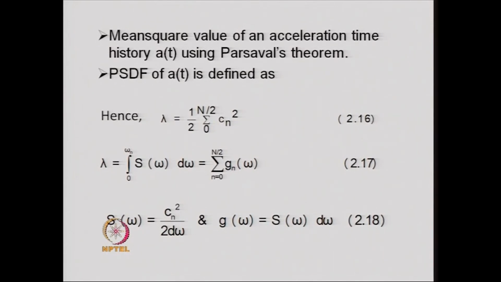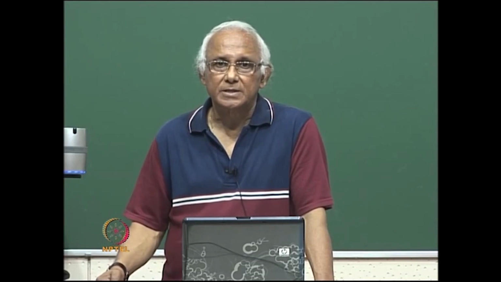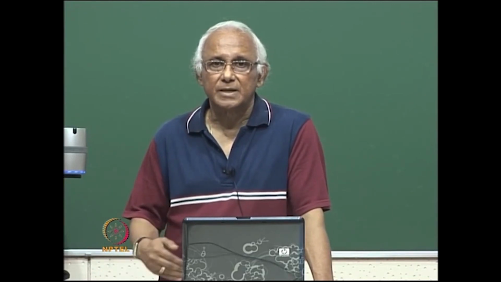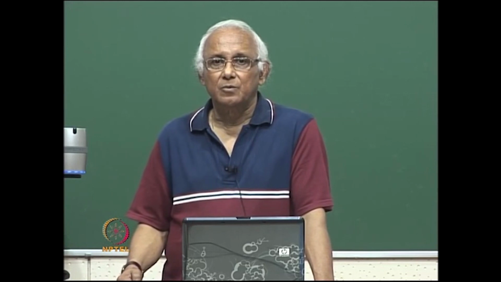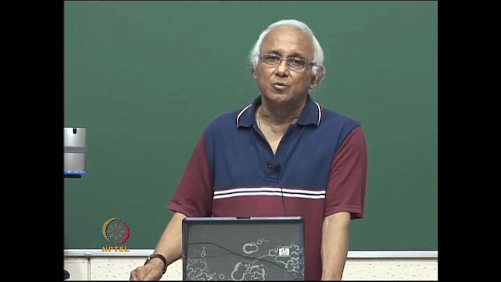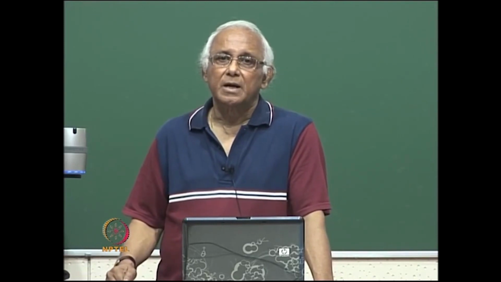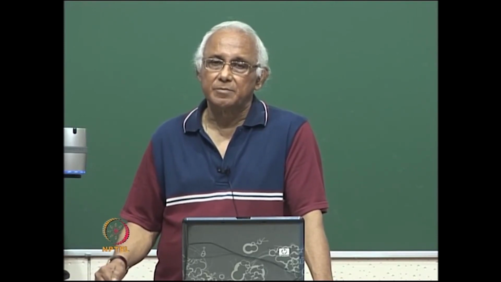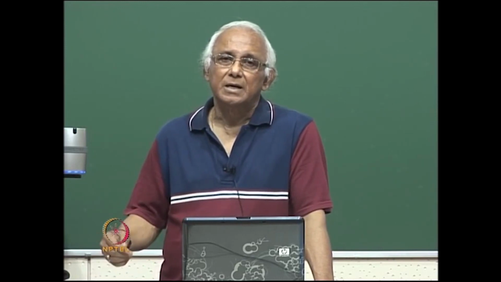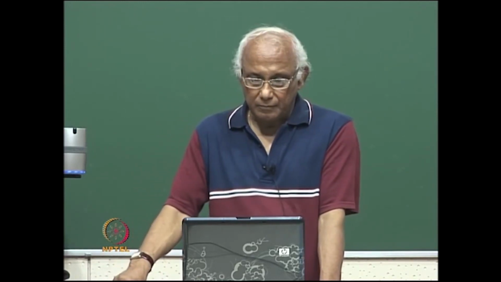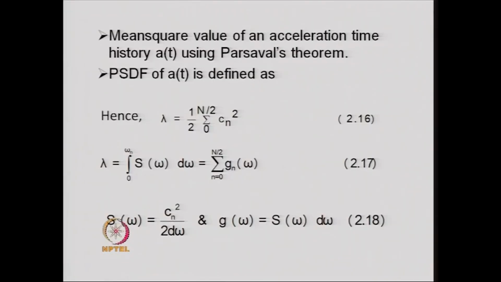So, these are the constants that you had seen in the Fourier series. So, Parseval's theorem says the mean square value of the time history is equal to half of the sum of all an squares and bn squares, plus the a0 square. Now, this can be shown to be obtained with the help of the FFT algorithm in this fashion.